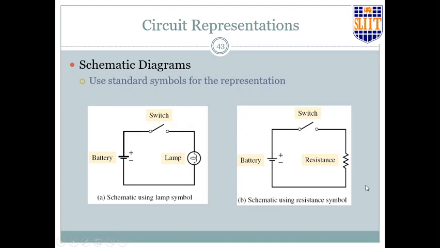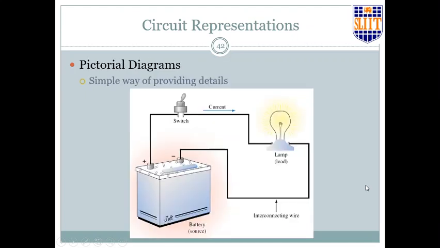So every component is depicted or represented by a schematic symbol. A battery, switch, and a resistance, or battery, switch, and a lamp. So from this you should be able to identify that, okay, what we are going to assemble is something like this.